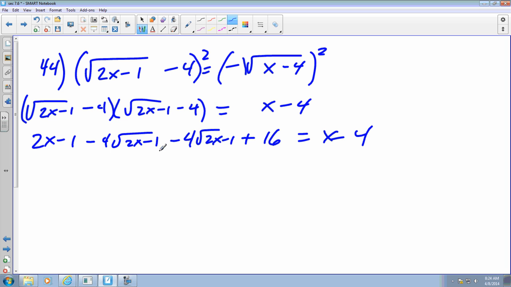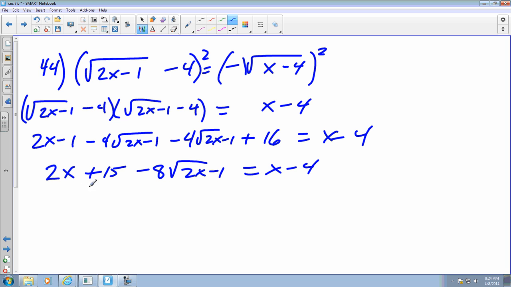Let's put some like terms together. I have a 2x, -1, and +16. They're on the same side, so I add them together. It gives me 15. -4 and -4 gives me -8 square roots of 2x minus 1.